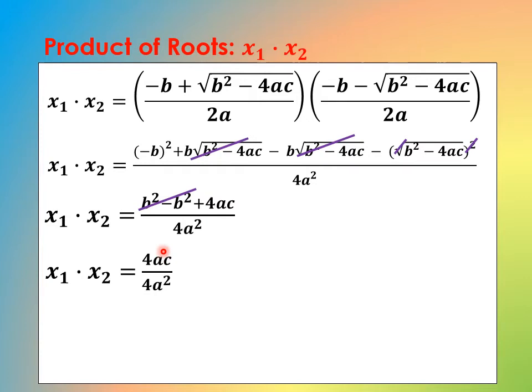So, in laws of exponents, sa quotient of powers, if they have the same base, we need to subtract the exponents. Okay? So, copy the common base and then subtract the exponents. So, 1 minus 2, that is equal to negative 1. Since the answer is a negative exponent, therefore, it should be written on the denominator. Kaya, ang formula natin sa product of roots ay C over A.